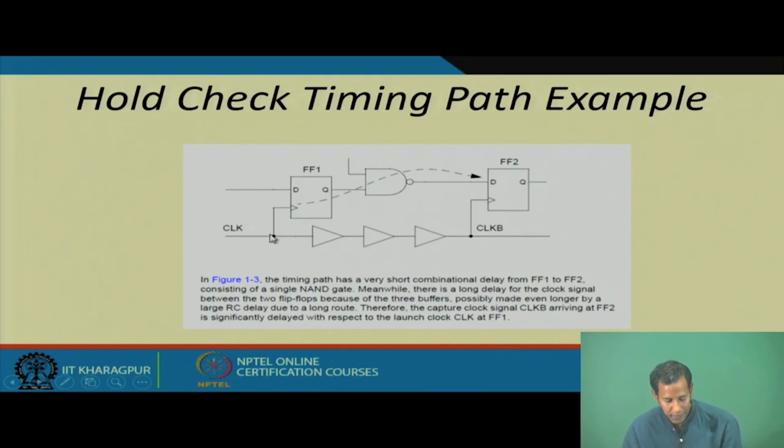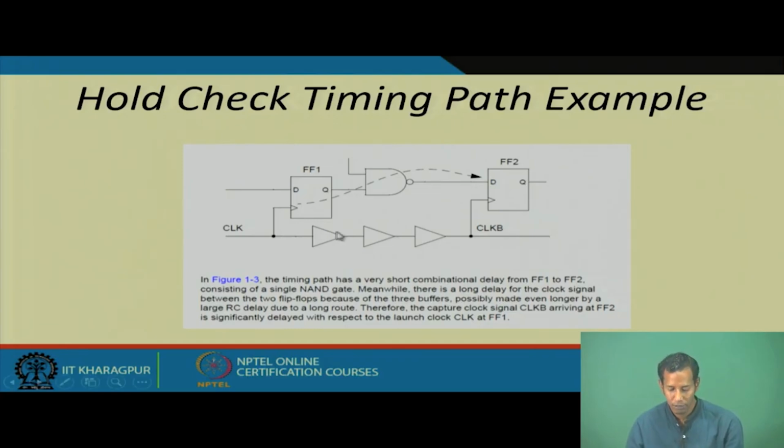So there will be a delay difference between this clock and that clock. To increase the strength of the clock, we put some buffers on the clock tree path, so that every sequential element on the digital IC gets clock signals of the same strength.